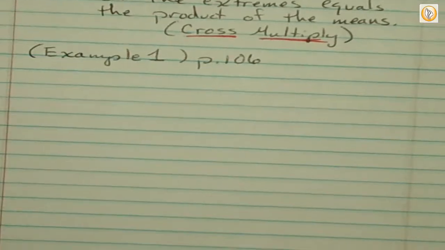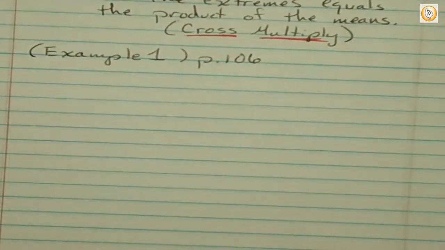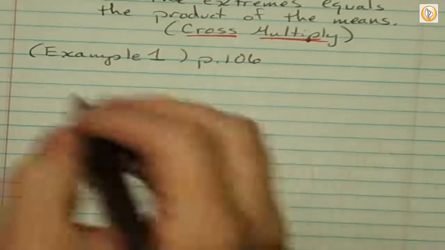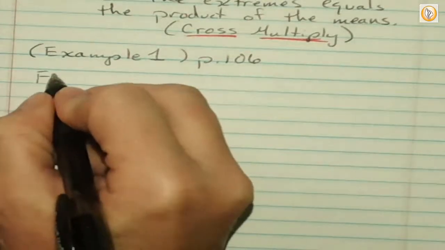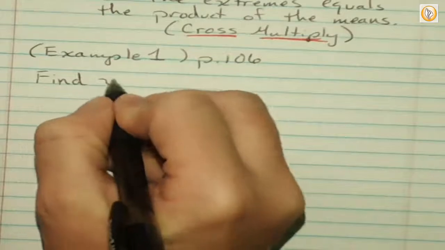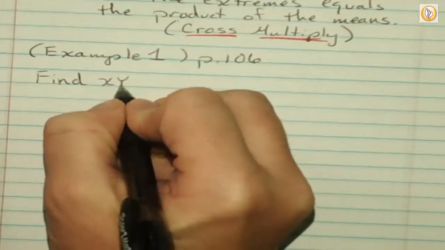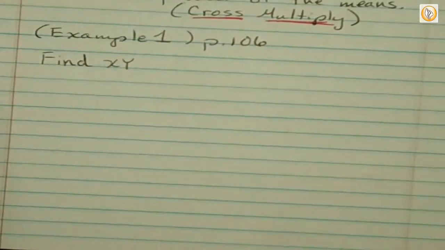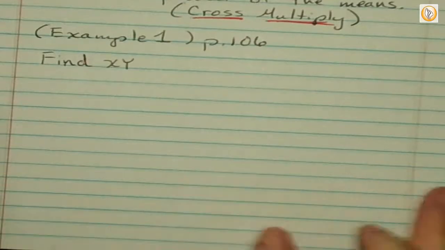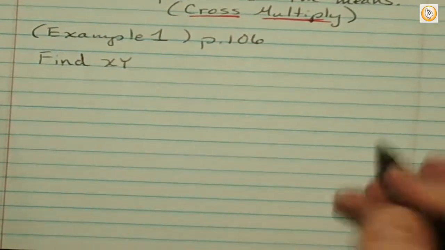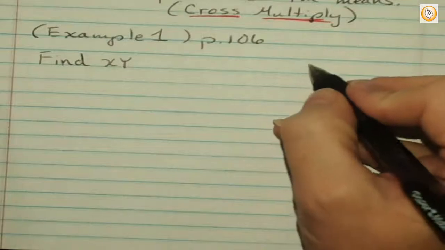Okay? So example 1. The question says, find x, y. So that's our goal, is to find x, y. It says, given the measurements of the two similar triangles. Now, I'm going to draw over here the two similar triangles.